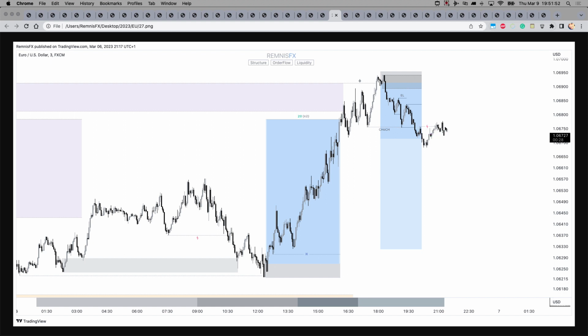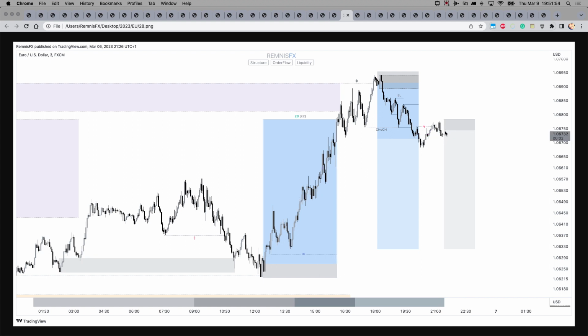So what I did was, yes, as you can guess, I practically used this gray candle as my entry, and then stop above the black candle here, right?